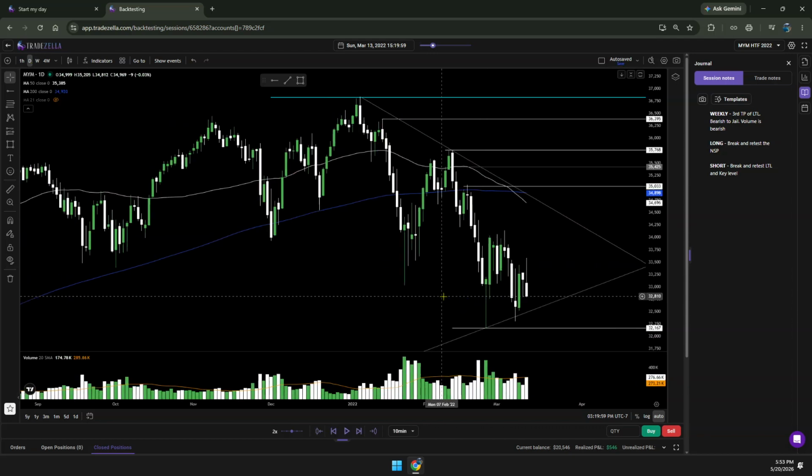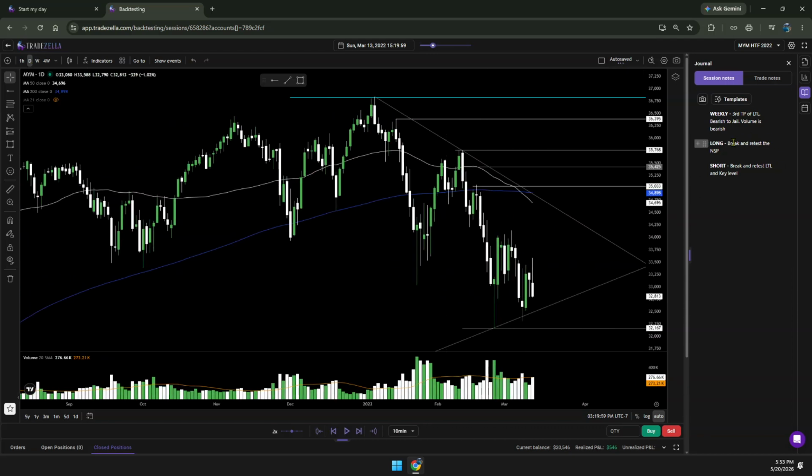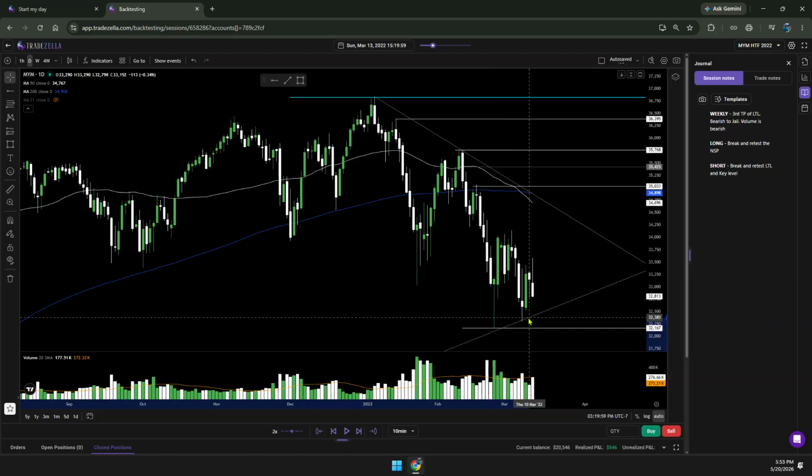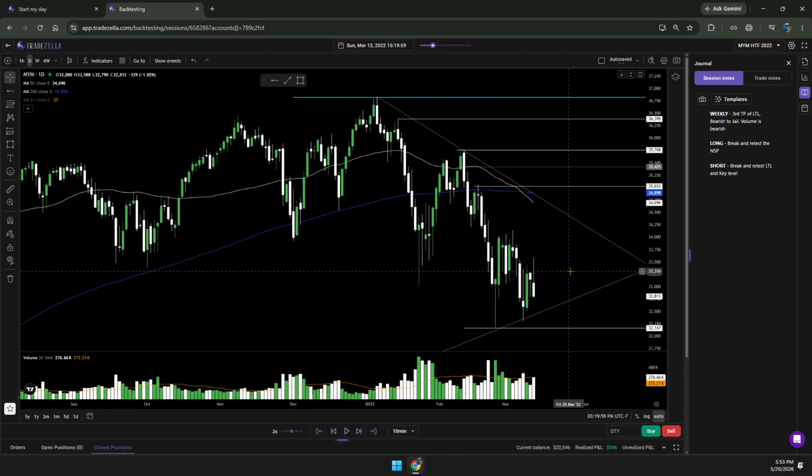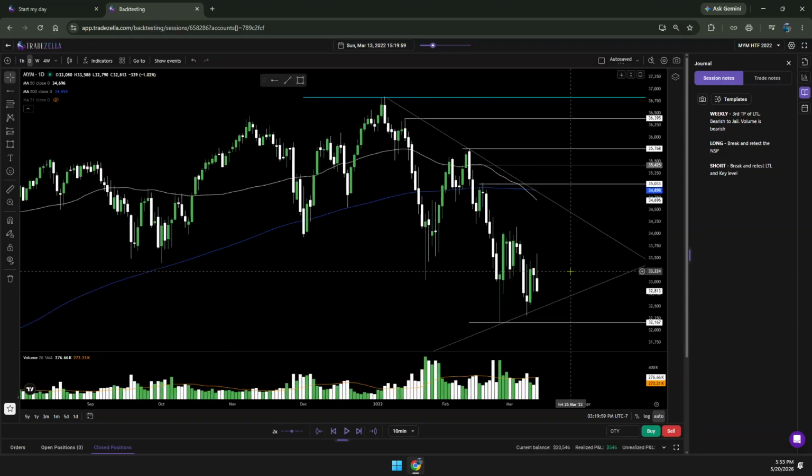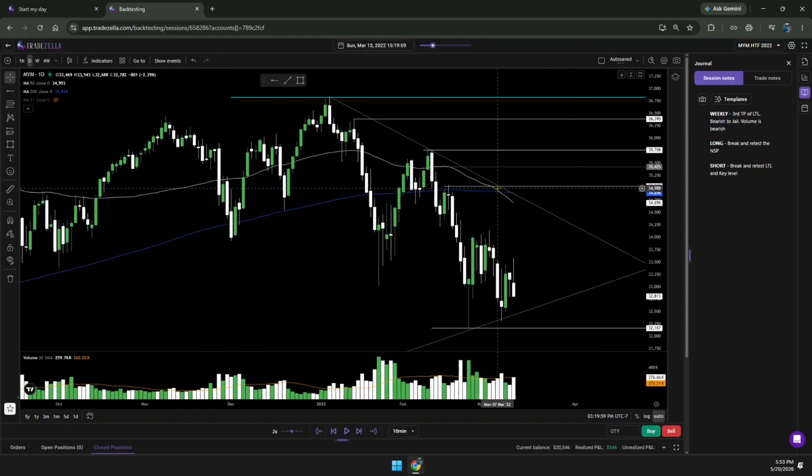Again, not a real fixed trend. So I'm still sitting with the same thing. I do want to adjust this just a little bit, just to split the goodies there. Yeah, I don't see a change in this.